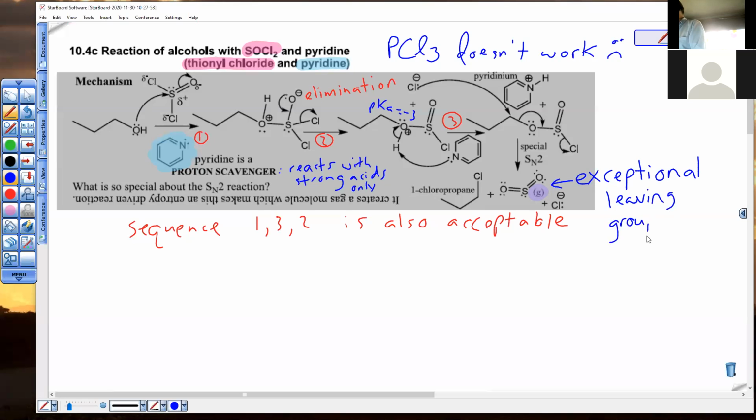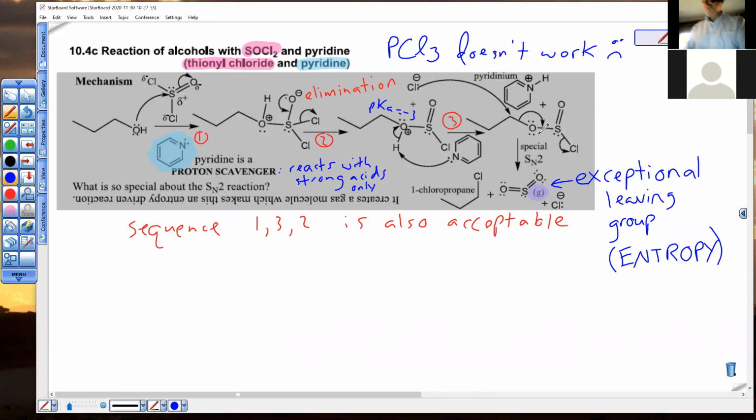It doesn't even follow our definitions of leaving groups from before, where the conjugate bases of a strong acid is an excellent leaving group. No, this thing has everything to do with this one word. The reaction is driven by entropy. Anytime you generate gas molecules that weren't there before, it's an entropy reaction. So we can overcome the deficiency of a chloride not being a very good nucleophile by having a leaving group that is exceptional.